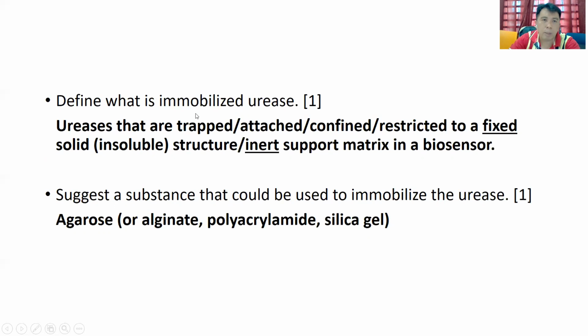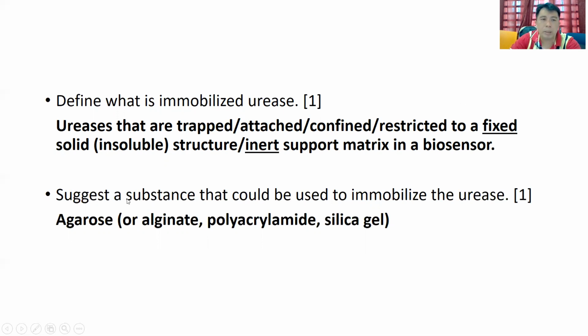So, define what is immobilized urease. This is a specific one because they give you urease. So, urease that is trapped, attached, confined, or restricted, either one only, to a fixed, solid, insoluble structure, or the inert support matrix, in a biosensor. Later we have to say it is in a biosensor.